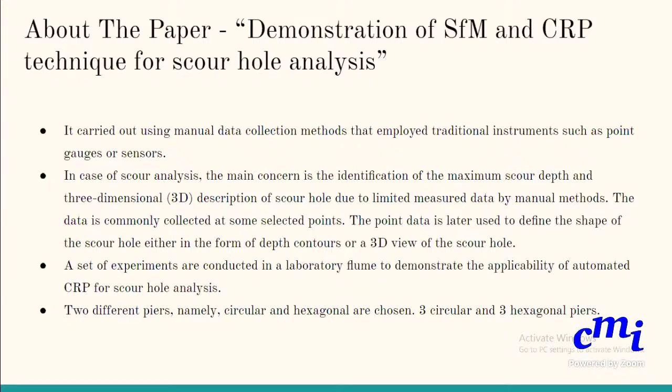In scour analysis, the main concern is identification of the maximum scour depth and a 3D description of the scour hole, due to limited measured data by manual methods, which is by gauges and scour sensors. The data is commonly collected at some selected points. The point data is later used to define the shape of the scour hole, either in the form of depth contours or a 3D view of the scour hole.